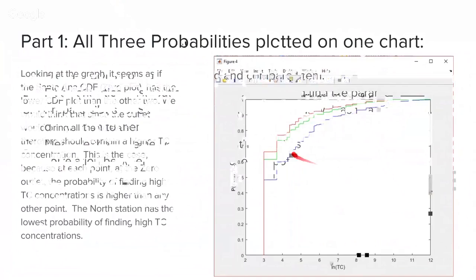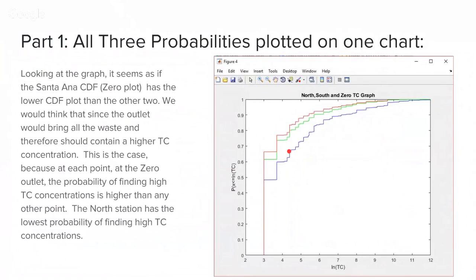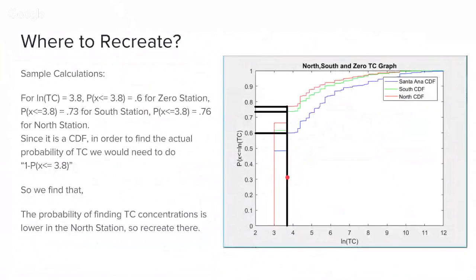If you look at the graph here, the blue is the Santa Ana River outlet, the green is the south station, the red is the north station. If you look at this next slide, we actually have some numbers. We looked at ln of TC of 3.8. The y value gives you the probability of finding TC values that are less than that.